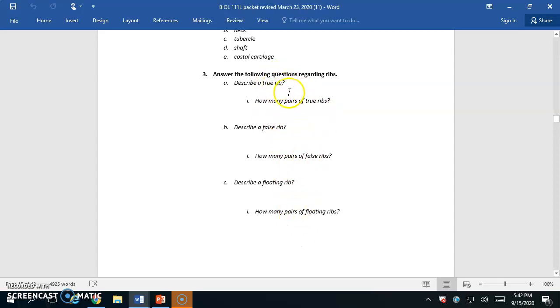So you should know there's 7 pairs of true ribs, 3 pairs of false ribs, and 2 pairs of floating ribs. The difference is the true ribs attach to the sternum directly. The false ribs attach to the sternum indirectly, and the floating ribs do not attach to the sternum. So those questions will be on your practice test as well.